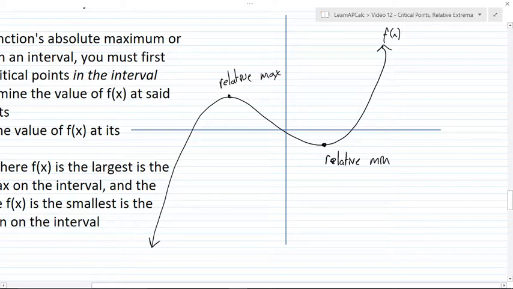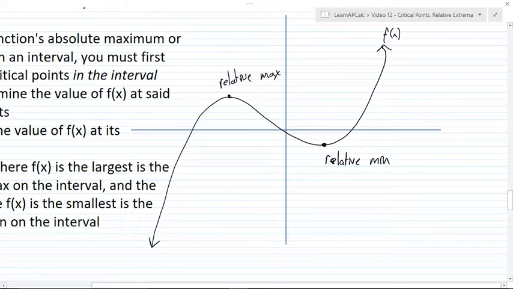What that's saying is that just to the right and just to the left, the values of the function are greater than this. So again, it's going from decreasing to increasing. That's what relative means.